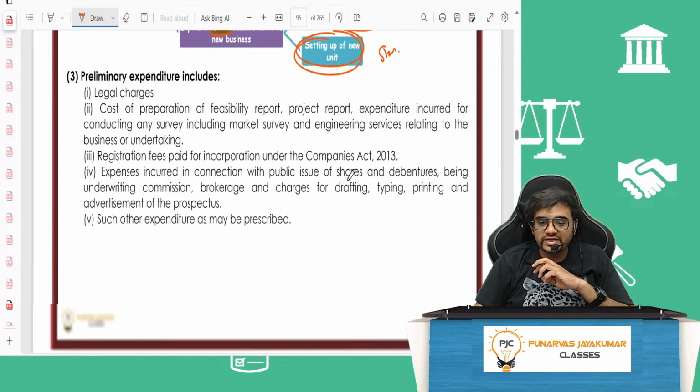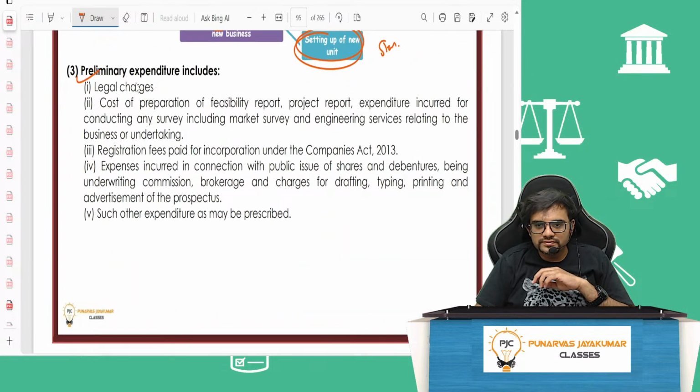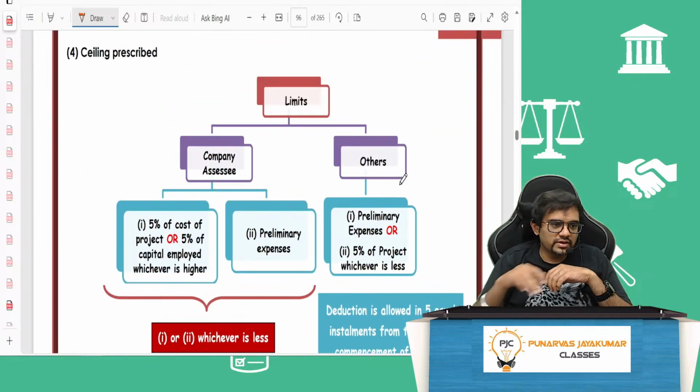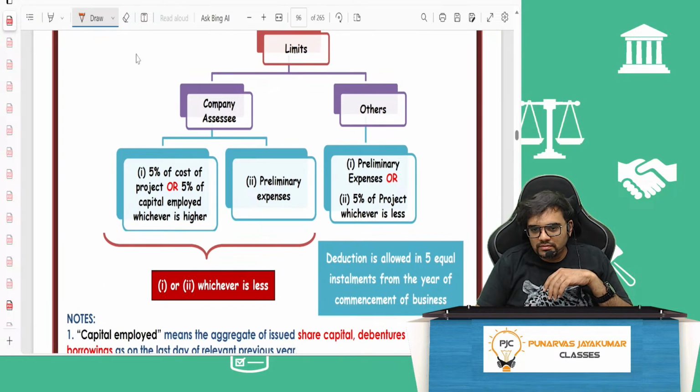What all expenses you can take? Legal charges, feasibility report, registration fee paid for incorporation, all these basic expenses. Public issue of shares expenses, all that you can claim. How much you can claim is the interesting part. For company SSE and others.